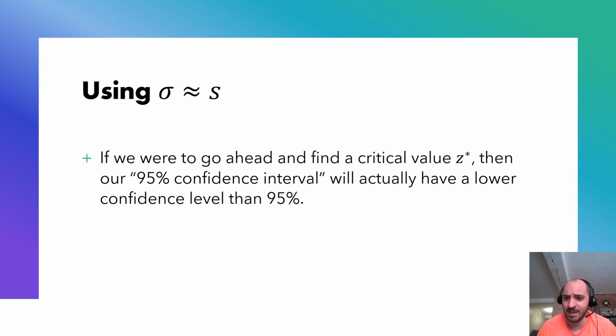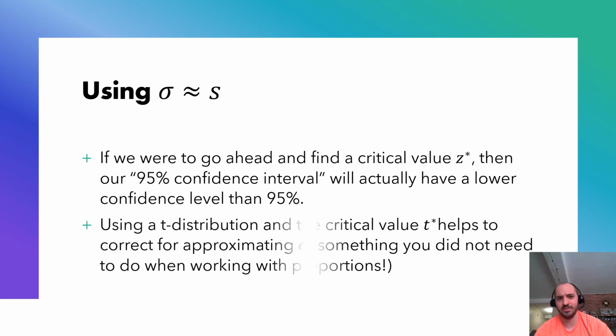So what that would mean is that if you were to take many samples with this process and keep constructing more and more of these confidence intervals, you would find that less than 95% of the time your interval would capture the true population mean. So it would be less confident than what we think it should be. So that is really the issue with estimating our population standard deviation using our sample standard deviation.